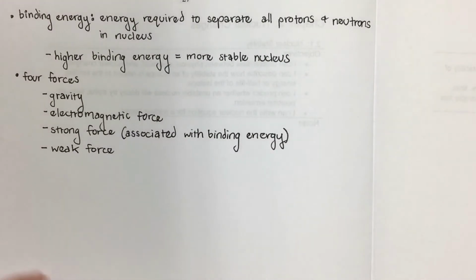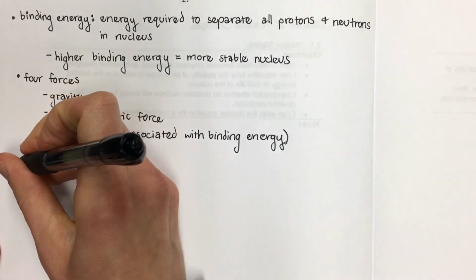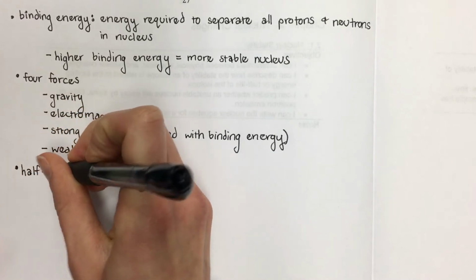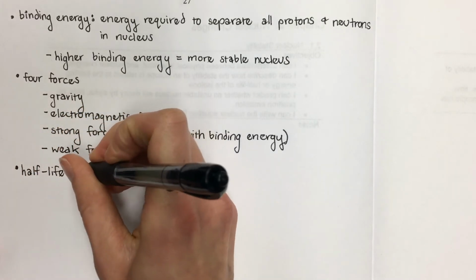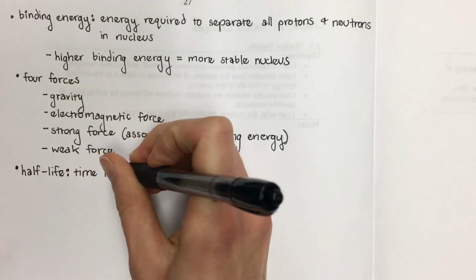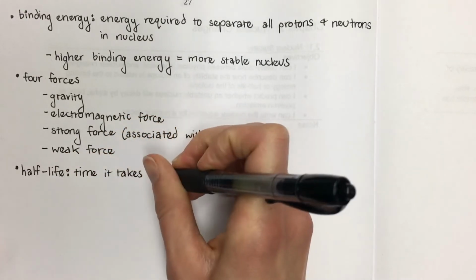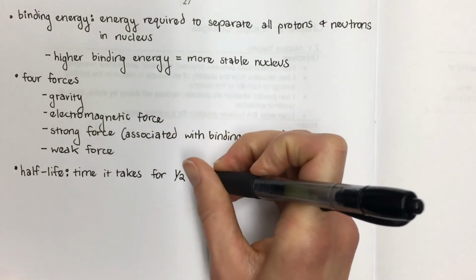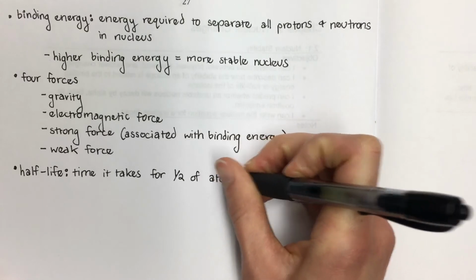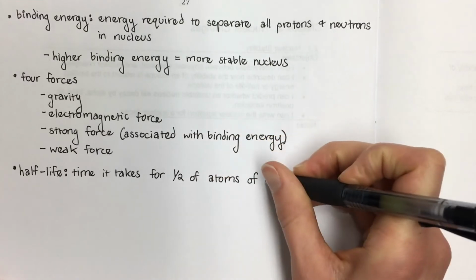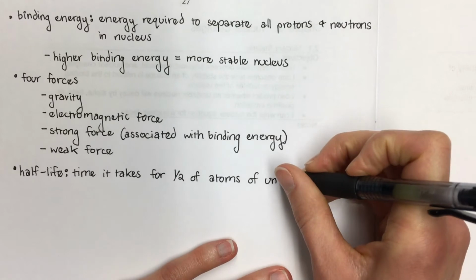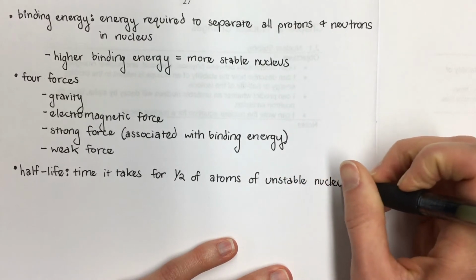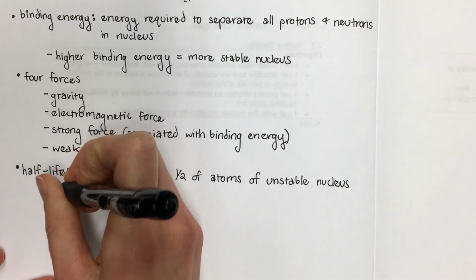Couple other things we need to write down that have to do with stability. There's something called half-life, and we'll talk a lot more about half-life, but it is the time it takes for half of the atoms of an unstable nucleus to decay.